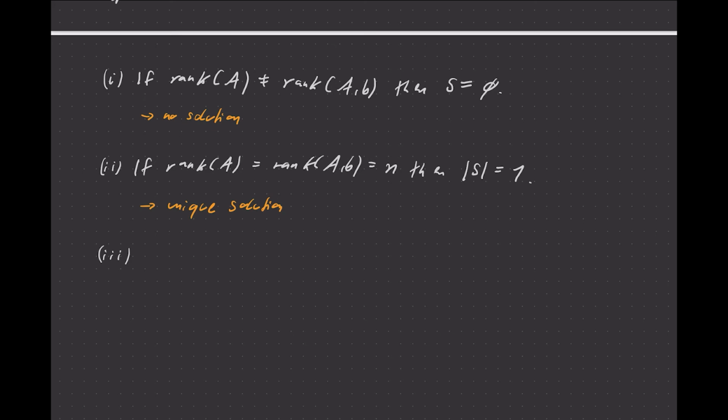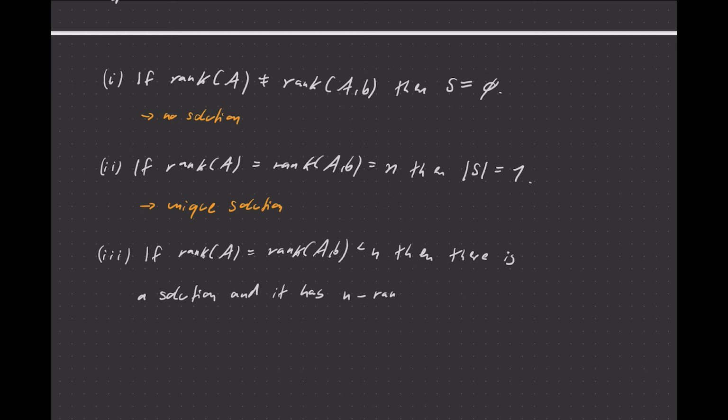And finally, the case of free variables. If the rank of A is equal to the rank of A, B, and that rank is strictly less than n, then there is a solution, and it has n minus rank A free variables.